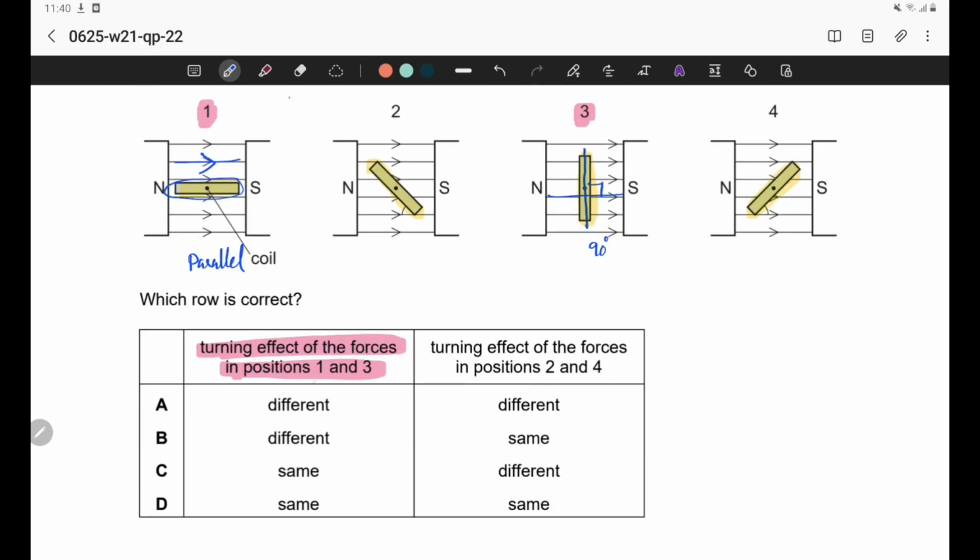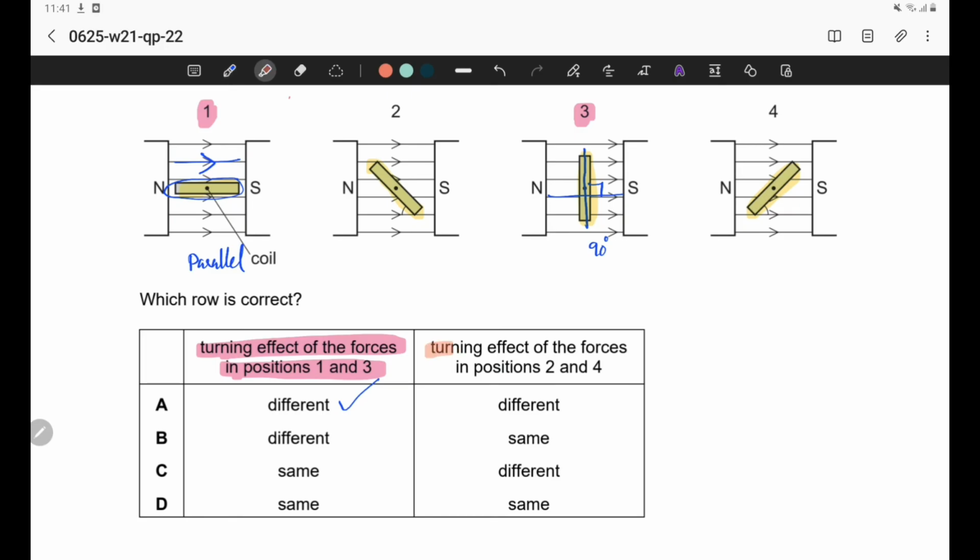The turning effect of the force in position 1 and 3 is different. When it is parallel, the turning effect will be 0. But when at 90 degree, the turning effect will be maximum. So the turning effect of the forces in position 1 and 3 will definitely be different.